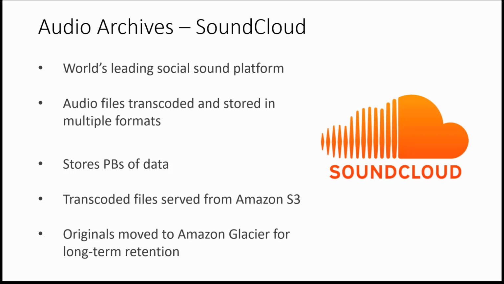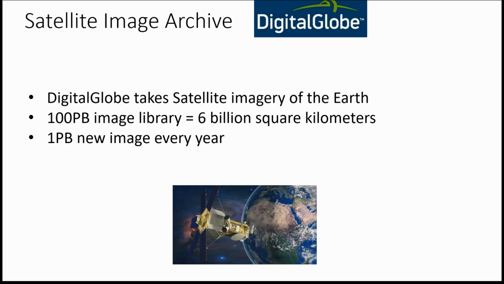Under the covers, they're storing the primary data, what you see when you go to the SoundCloud site, on S3, but then they store a second copy on Glacier, the high resolution, if you will, or the higher bitrate masters that they store for that active archive. And then, should they want to transcode it or you want to get a high resolution copy, it can be retrieved from Glacier. So that's one use case of active archive.